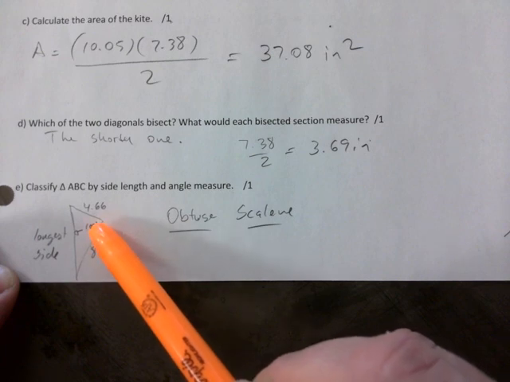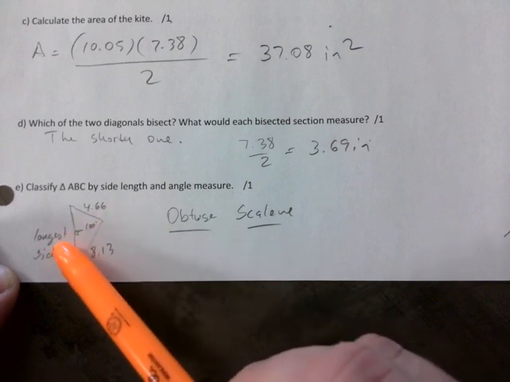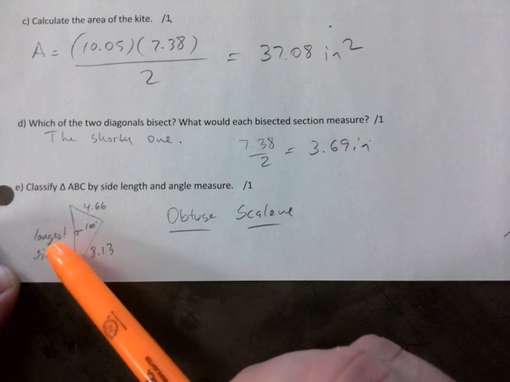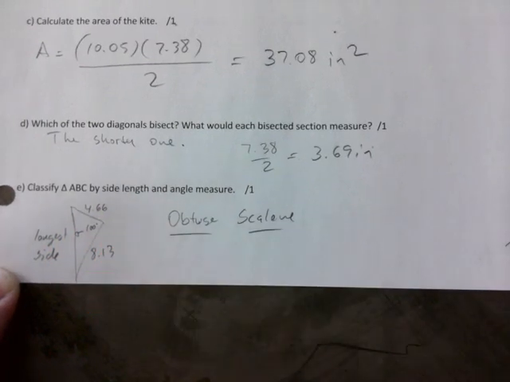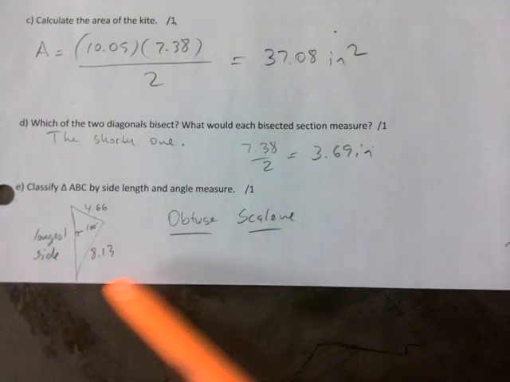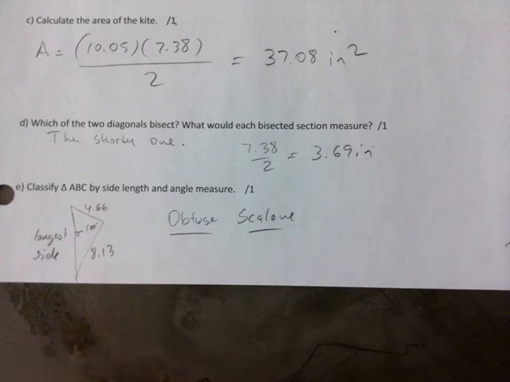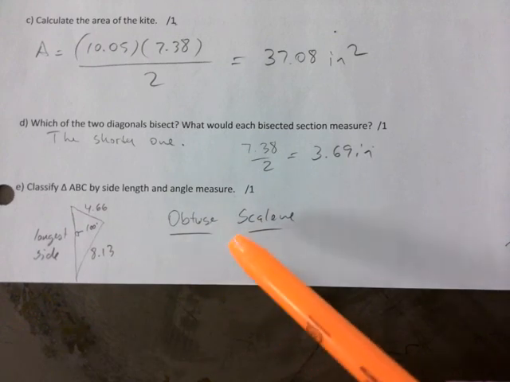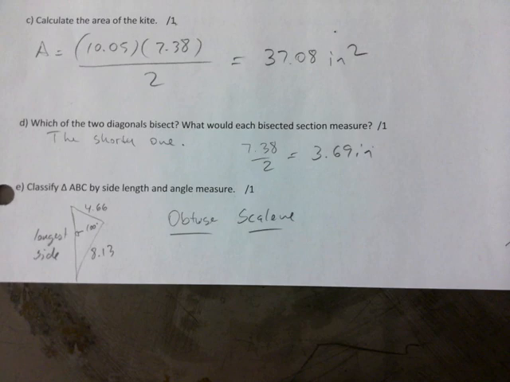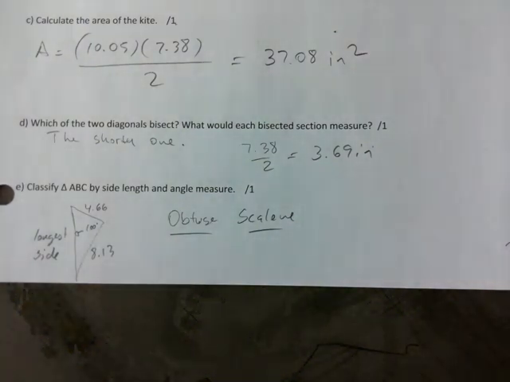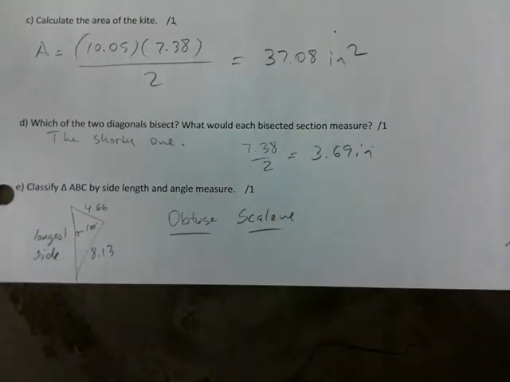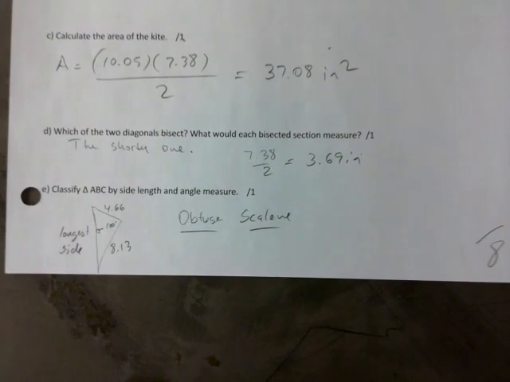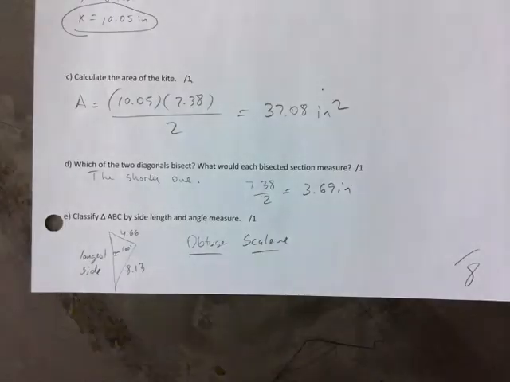So if this is an obtuse angle, then this is the longest side, right? So we know it'll be longer than 813. So just by observation, we can conclude it's obtuse scalene. Scalene, obtuse, doesn't matter. And so this page is worth 8 marks for that reason.